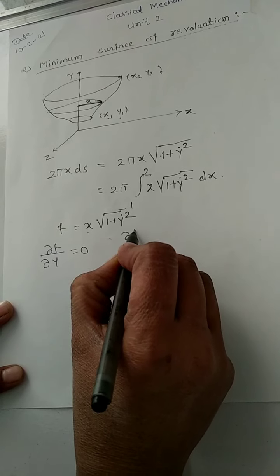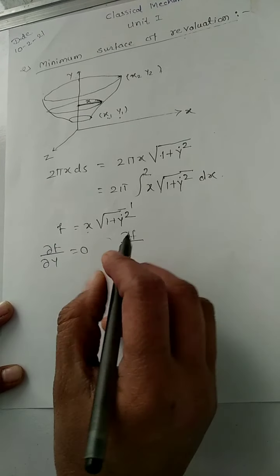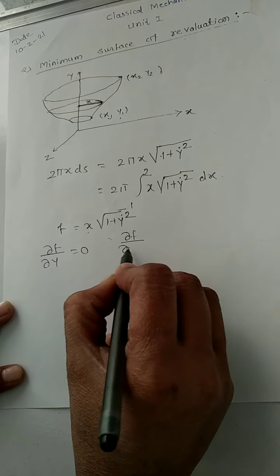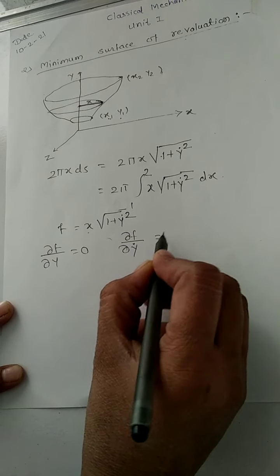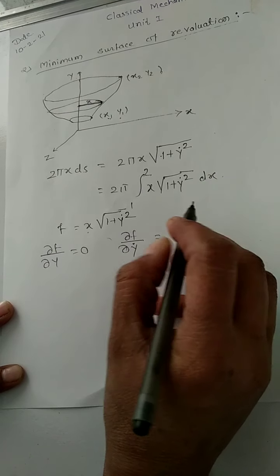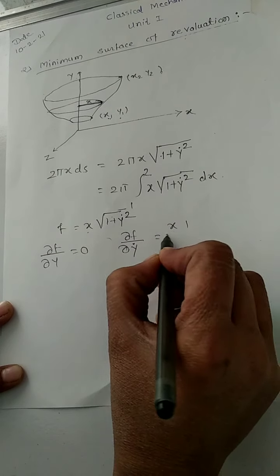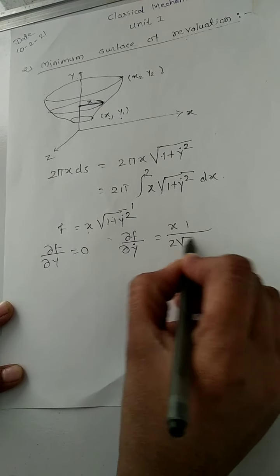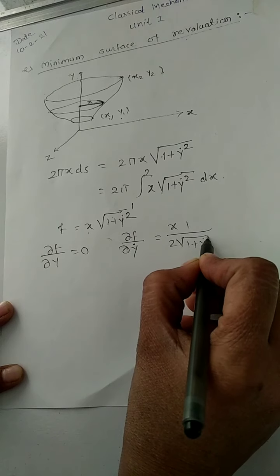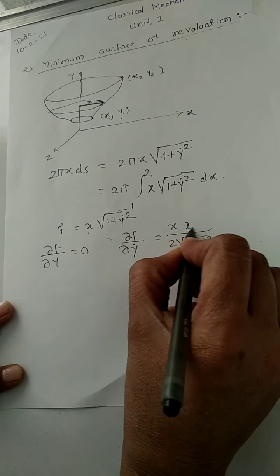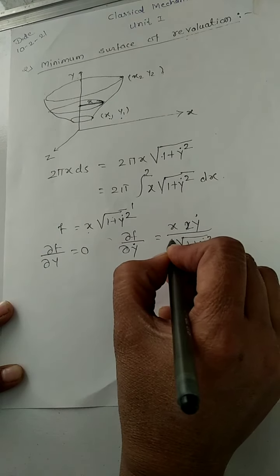The derivative with respect to y dash is del f upon del y dash, equal to x, since x is constant, times the derivative of the root, 1 upon 2 under root of 1 plus y dot square, and the derivative of y dot square is 2y dot, and the 2 cancels.